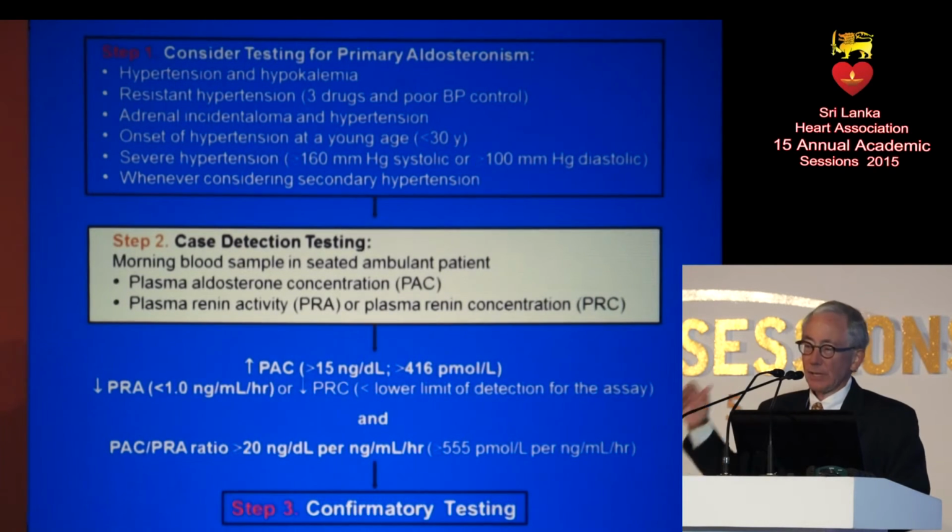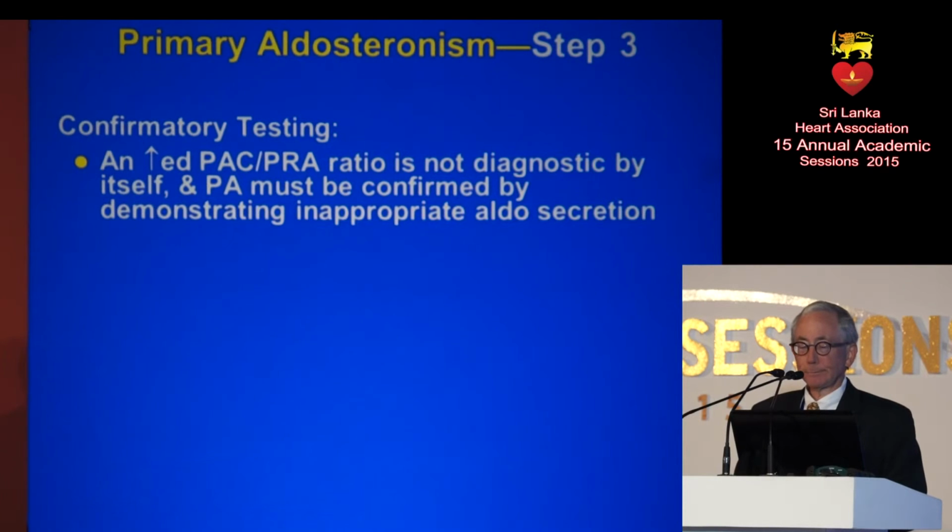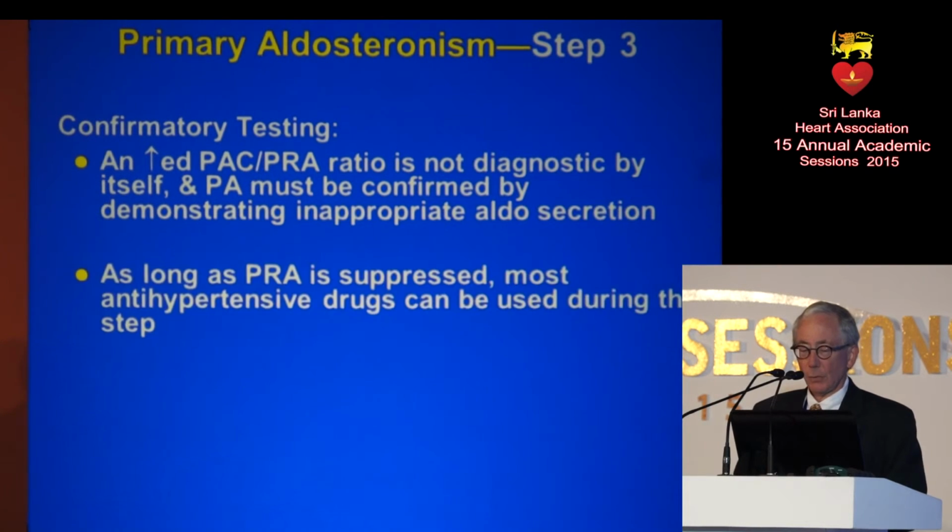And confirmatory testing is pretty easy at that point, because although an increased ratio is not diagnostic itself, you can confirm the hyperaldosteronism by demonstrating inappropriate secretion.